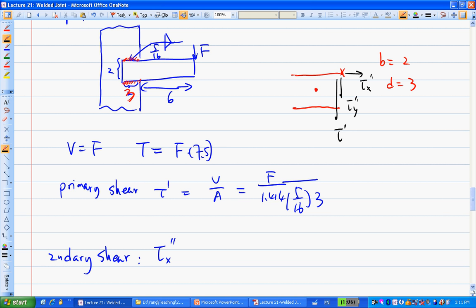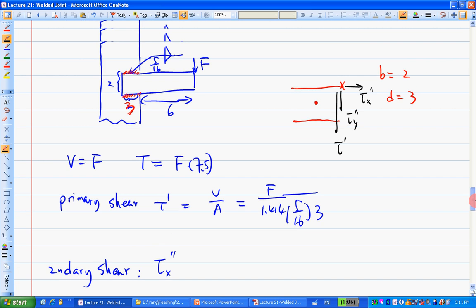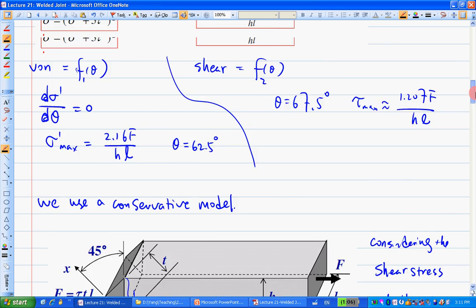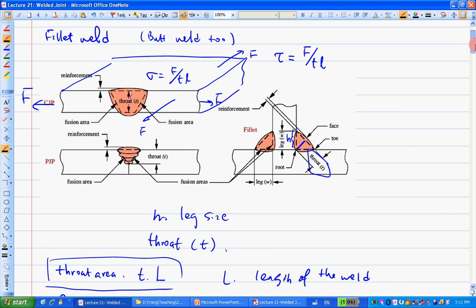That's the decomposition. This is the leg size, H. Is that good? So if you go back to your typical drawing here, this is H.